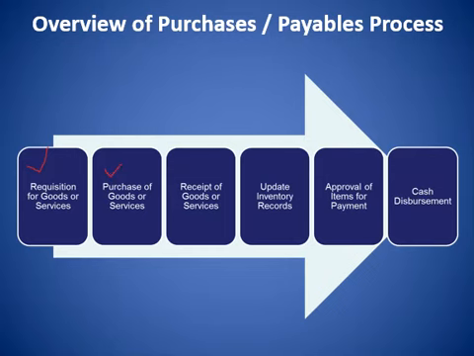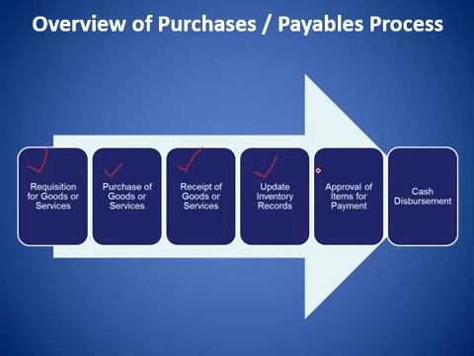The goods then are going to be shipped to us, the customer, and through that fulfillment process, we're going to receive those goods. I say goods or services here, but we're just assuming they're goods. Also, then we're going to update our inventory records to reflect the receipt of those goods.